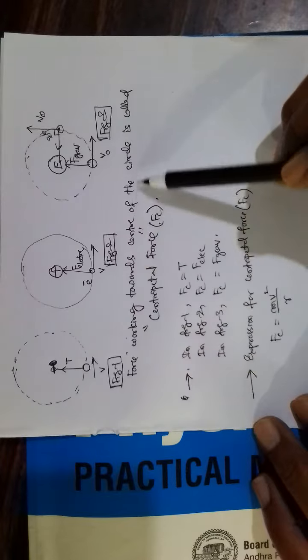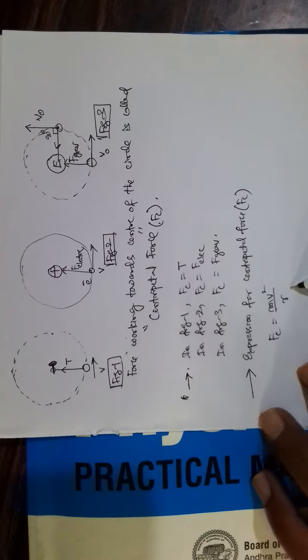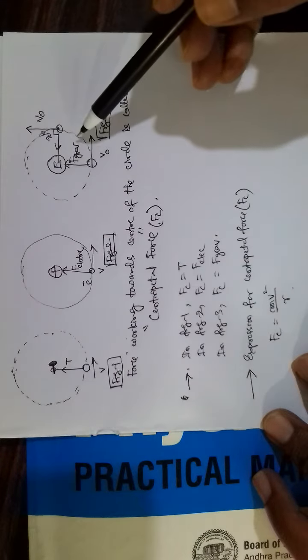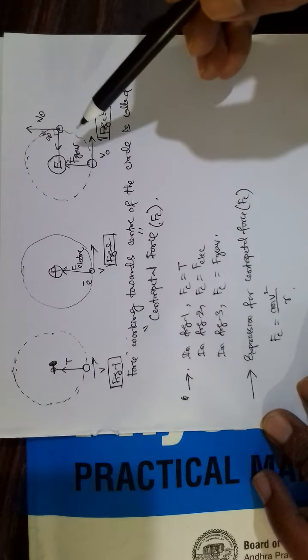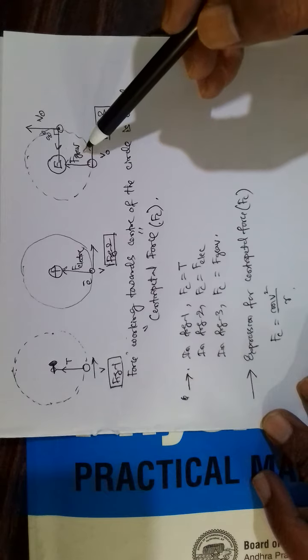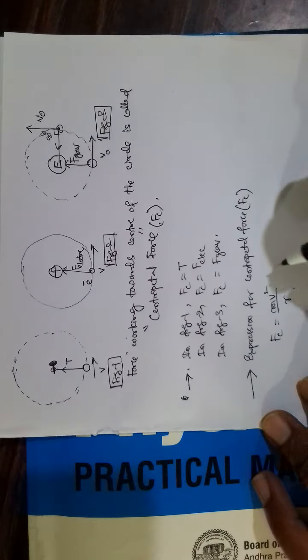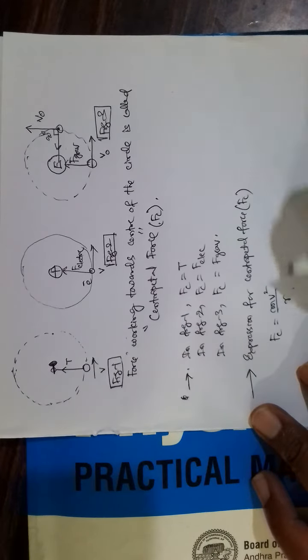Force working towards the center of the circle is called centripetal force, and the expression for centripetal force is mv square by r. So now in the last figure, see, gravitational force is working as centripetal force. So here now we can write.